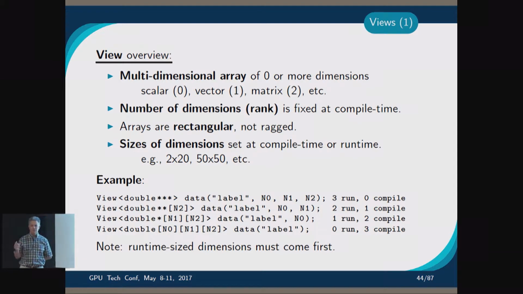The only thing that's used for is error messages: if you do an array bounds violation, instead of saying at address blah, you did this, it says you violated the label's multidimensional indexing range. So this is 3 runtime dimensions, 0 compile time. Down here we have 1 runtime and a couple of compile time dimensions, and so you give the runtime dimension here, or everything is done at compile time.